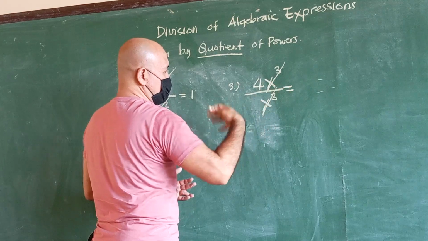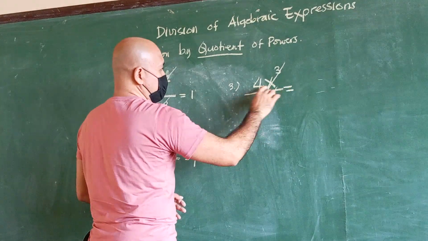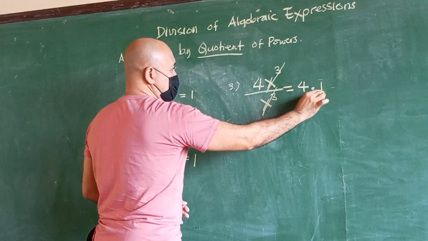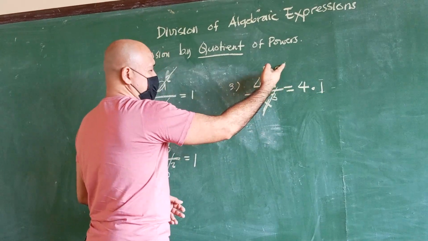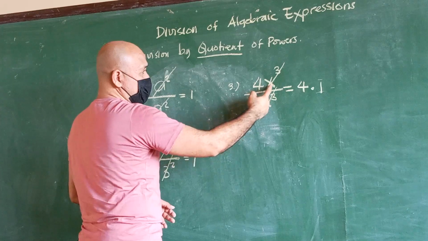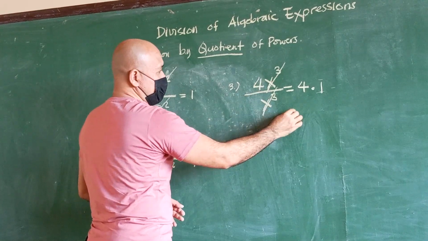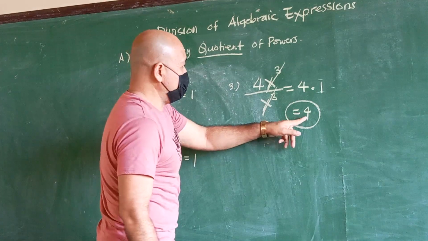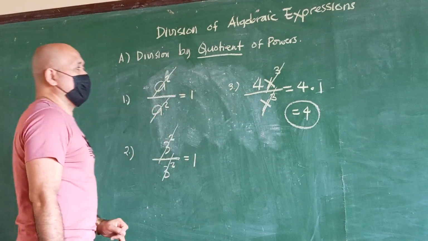If you are going to show this in detail, just bring down or copy 4 and then times 1. Where did we get 1? This is the result when we divide x cubed by x cubed, where the final answer is 4. Or you can directly give 4 as the quotient.